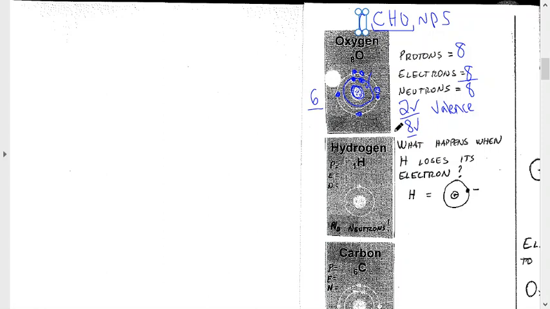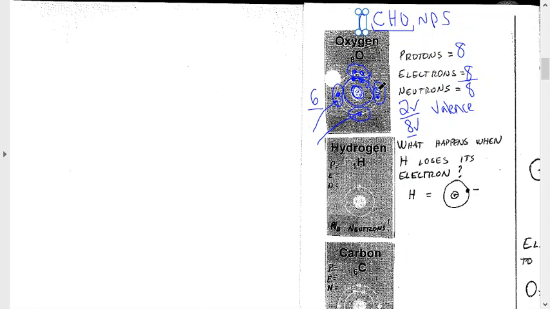That's going to be important when we talk about bonds. I drew these outer shell electrons as pairs, a pair of 2, a pair of 2. It can handle 2 more electrons, an electron here and an electron here.